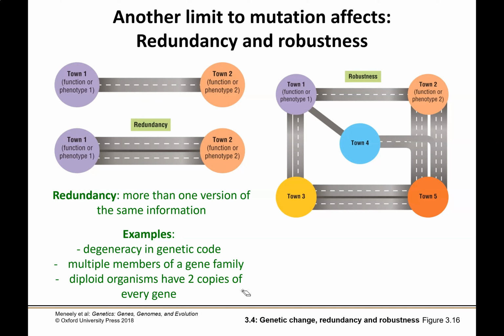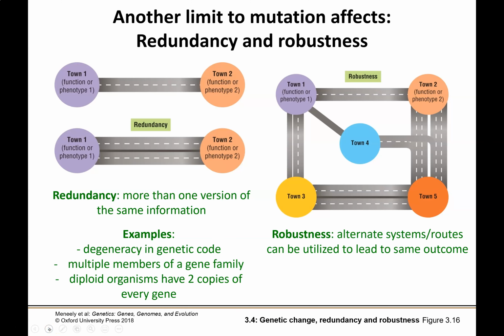Another way to combat the effects of mutation is something called robustness. So if we look at this image here, robustness gives us alternate routes to the same outcome. So down here between towns 3 and 5, this would be our example of redundancy. We have multiple lanes to get between towns 3 and 5. Same thing between towns 2 and 5. In fact, we even have more redundancy here.